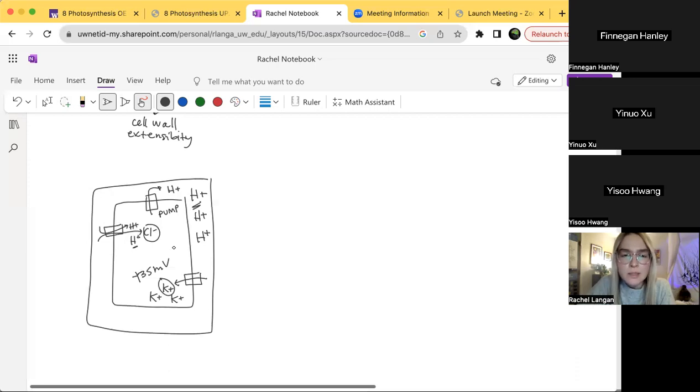Because we have for the electrical signaling, like JA. Oh, for JA signaling. Yeah. So if we wanted this plant to have a defense response, yes, it would need the regular voltage gated potassium channels too.